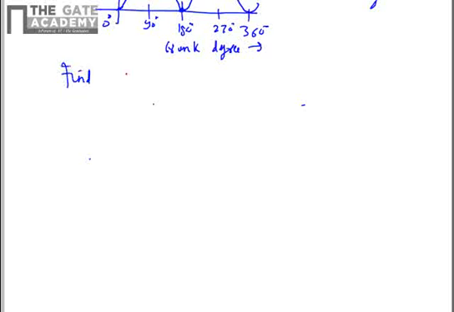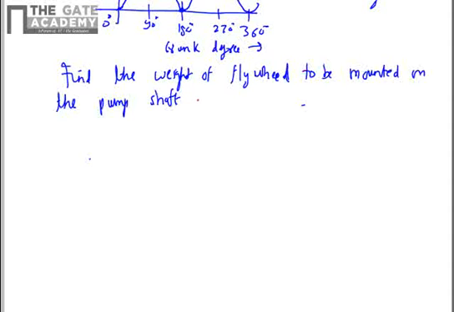It is required for us to find the weight of flywheel to be mounted on the pump shaft to keep the shaft speed within 1.5% of the mean speed.